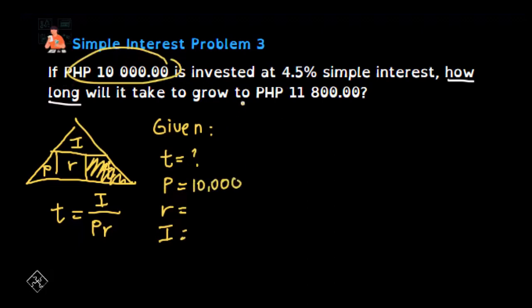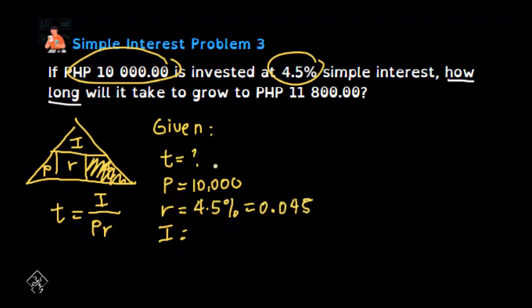Okay? At 4.5% rate. So, that is our simple interest rate. So, 4.5%. Or, we could write it into 0.045. 0.045 para ma-convert natin into decimal form. So, divide nyo lang yan sa 100.